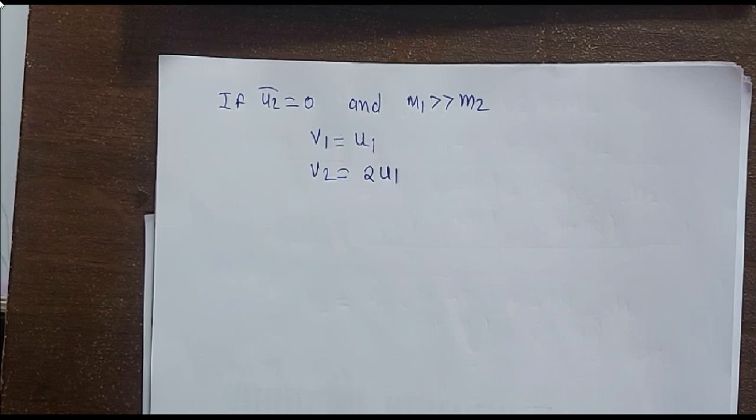Nothing happens to the truck, whereas the light particle, here the bike, will acquire twice the velocity of the heavy truck and ultimately it will get deformed. These are examples from our day-to-day life which happen on our roads.